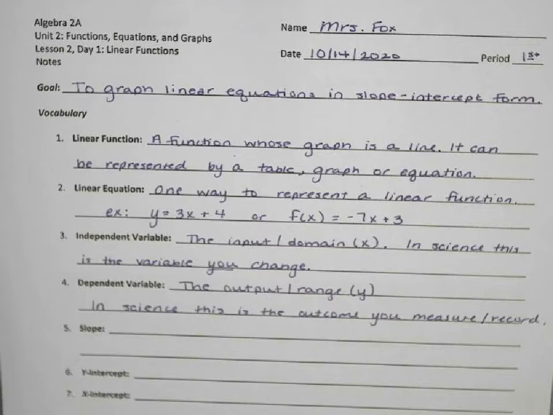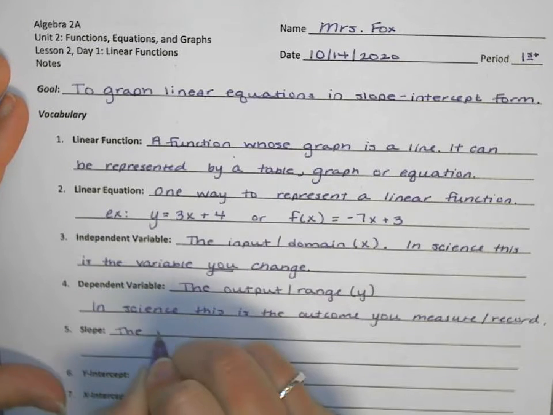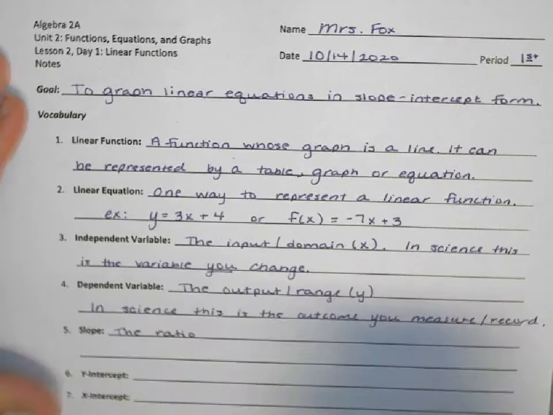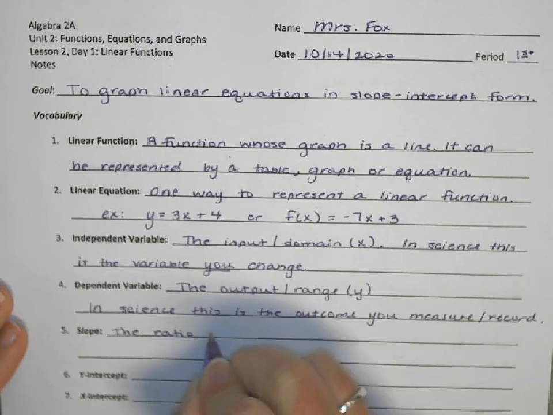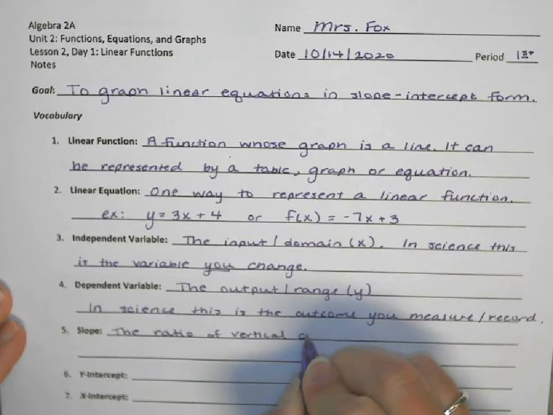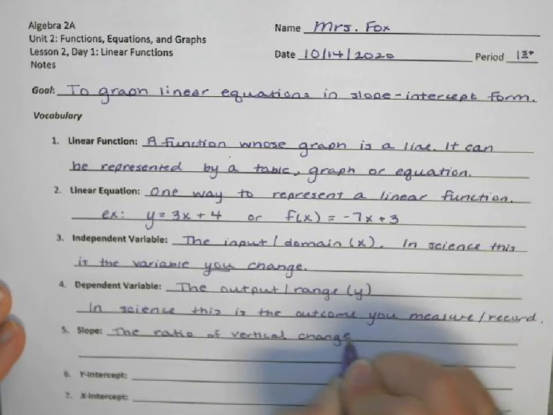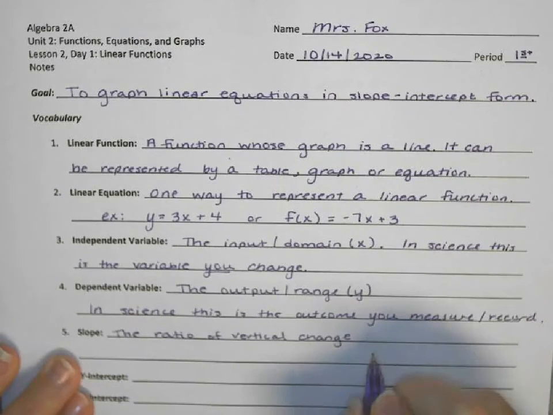Other way around. Rise over run. It's rise over run. Okay, so this is the ratio of vertical change to horizontal change.